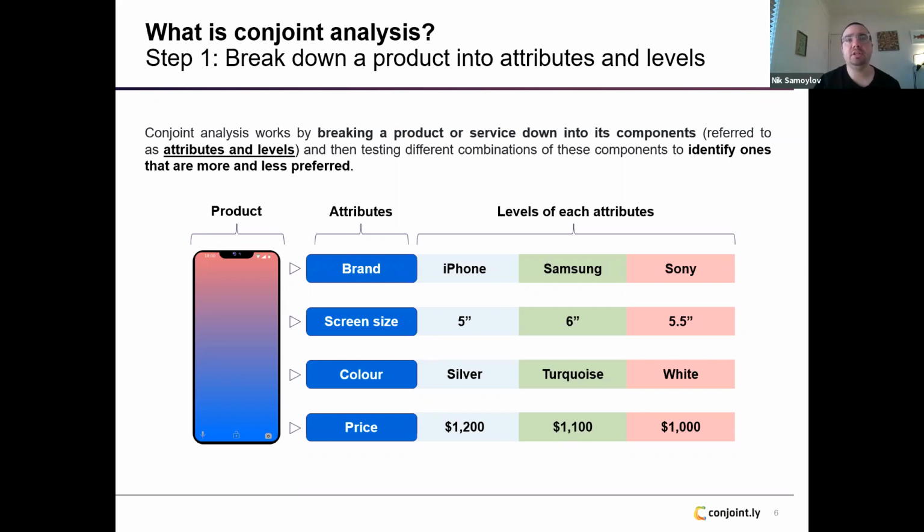And each attribute has different levels. For example, brand can be iPhone, Samsung, Sony, and screen size can be, for example, 5, 5.5, or 6 inches, or it could be 4 inches and so on. Those values of characteristics of a product are called levels of the attributes. That's the first thing that we do with conjoint analysis.